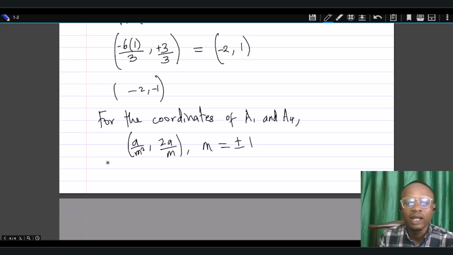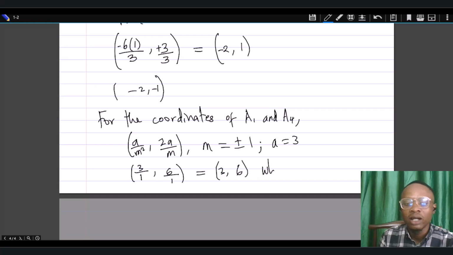Our a, as we have it up there, is equal to 3 for the parabola. So when we put that here, we're going to have 3 over m squared. M squared is 1, whether it is plus 1 or minus 1. Then 2a, that is 6, divided by m. So where m is 1, this is 6, which gives us 3 comma 6 for the first one.